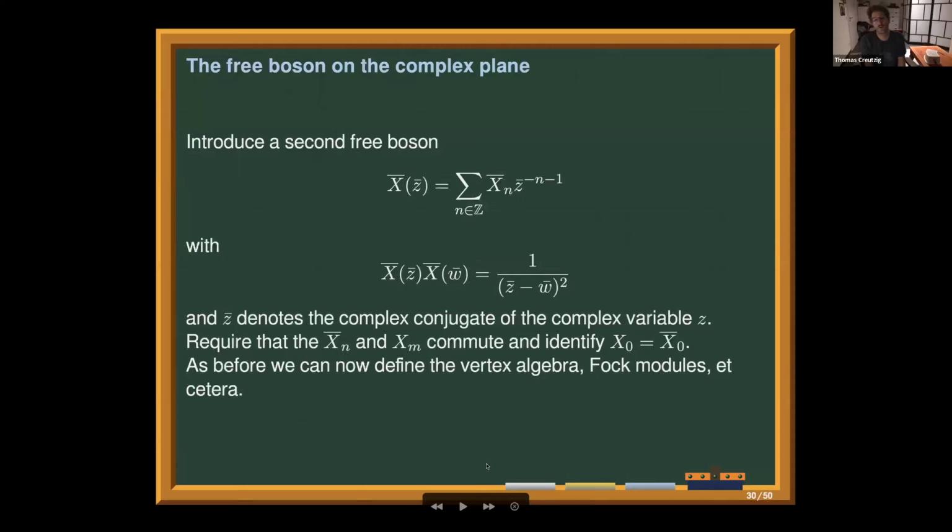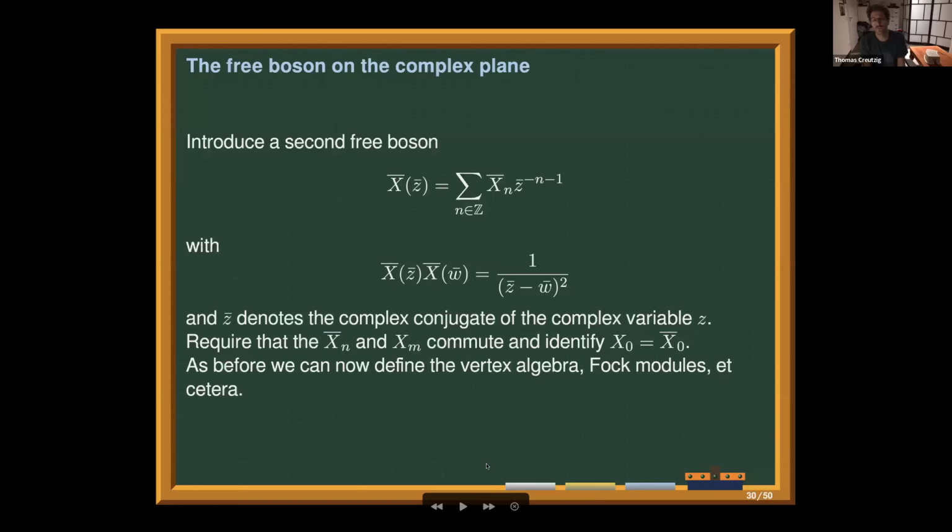The zero modes anyway commute, and we simply don't want two zero modes to be floating around. In some sense, this identification of the zero modes is actually the gluing condition that ensures single valuedness of operator product algebras and correlation functions.